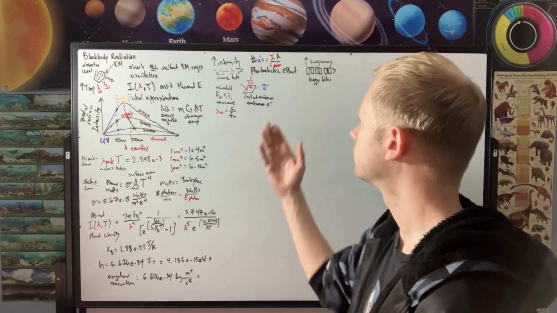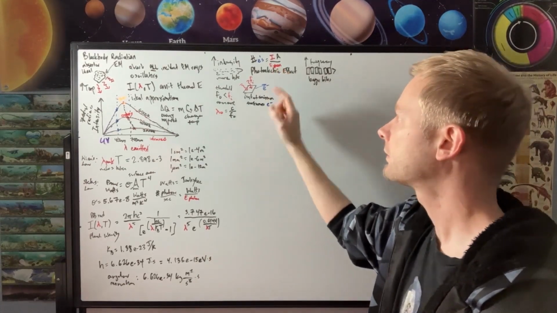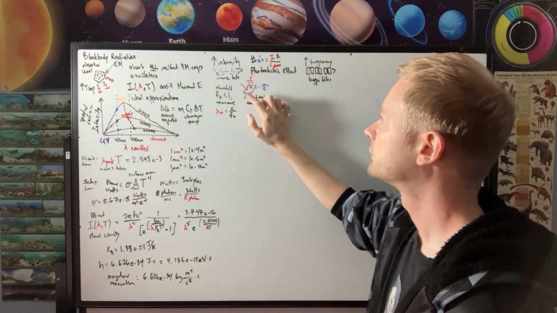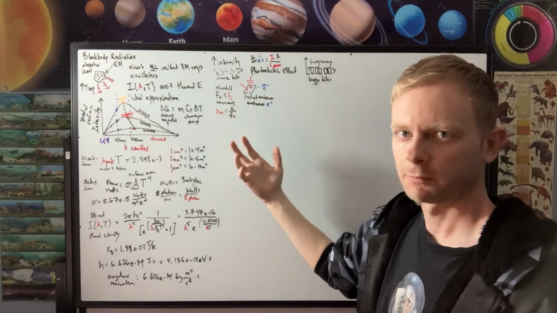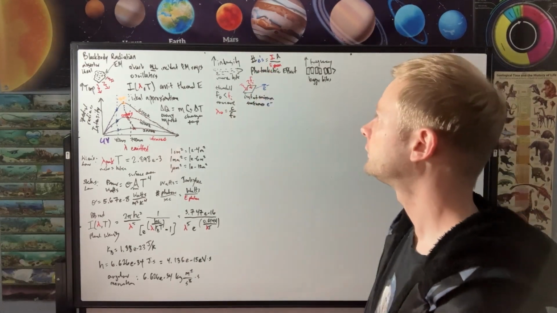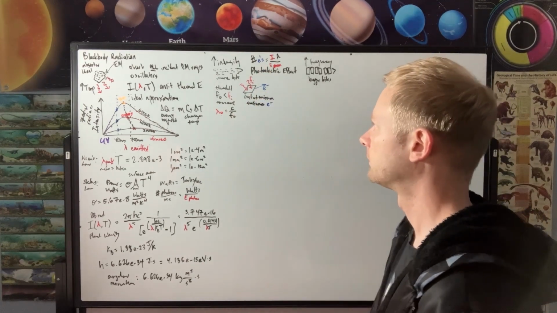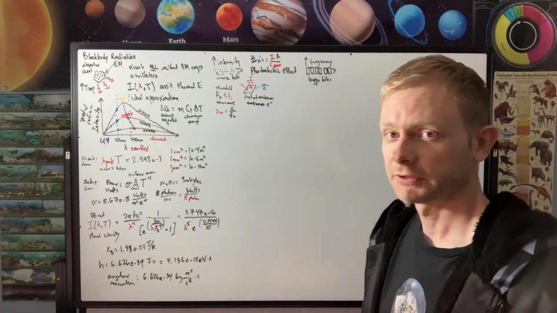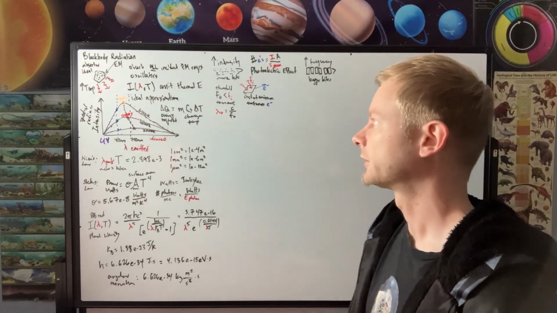So this will give us the number of photons of that particular energy which are hitting this surface, which in a one-to-one correspondence can be the number of electrons that are being released here as well. But this can only work if we've overcome that threshold.